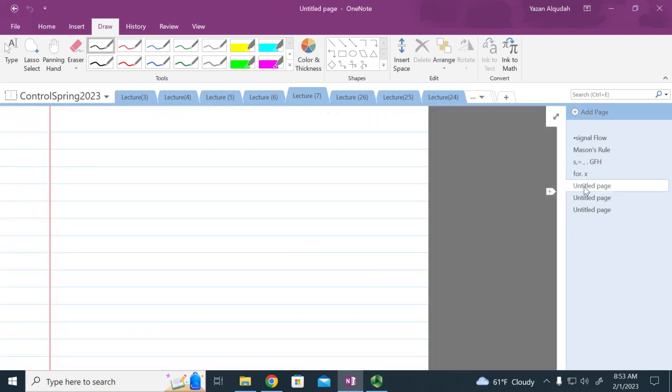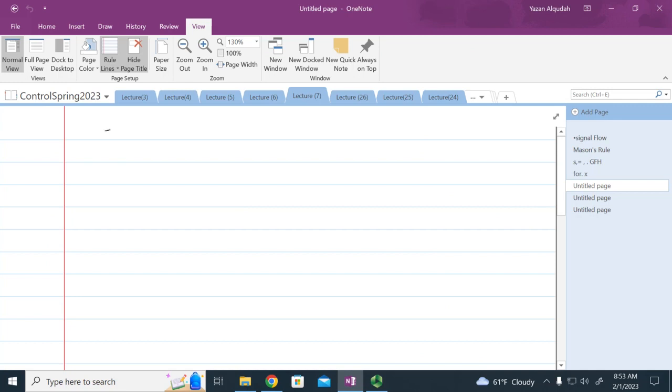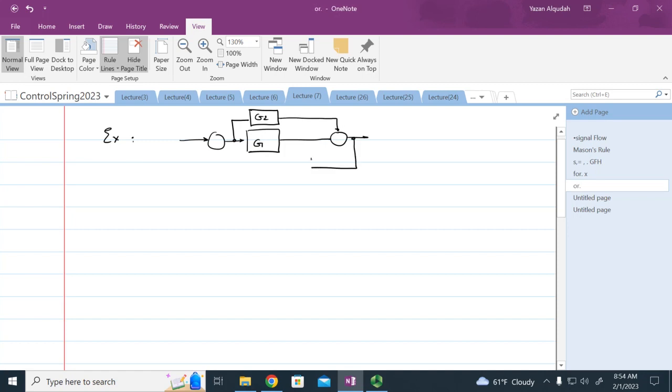Okay, let's do another example. If you look at this block diagram, we're going to do block diagram reduction.